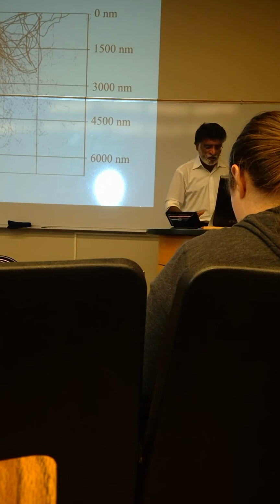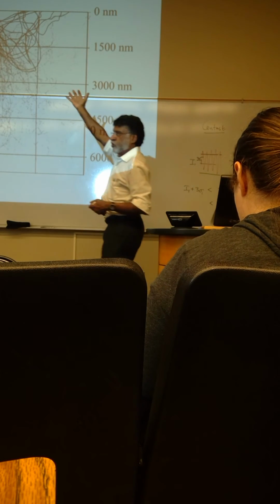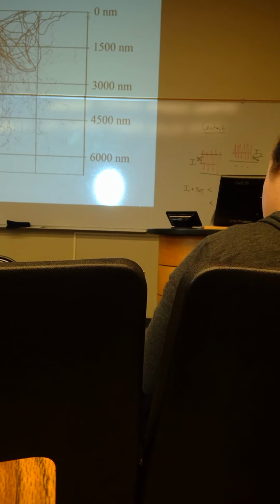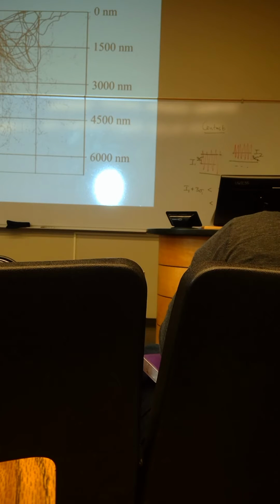The next thing you need to understand is spatial resolution. This is actually a Monte Carlo simulation. We have an electron beam. What the electron beam does is it suffers elastic collisions, and then it also suffers inelastic collisions.